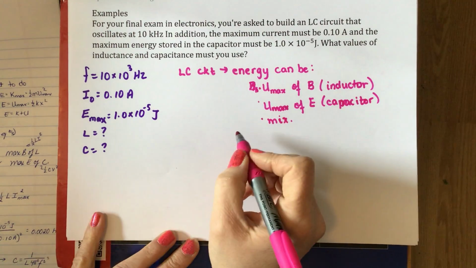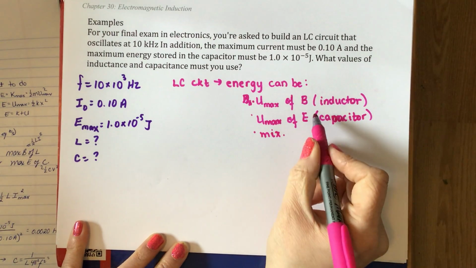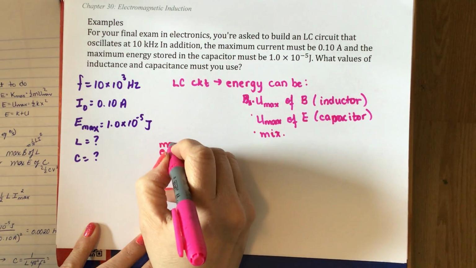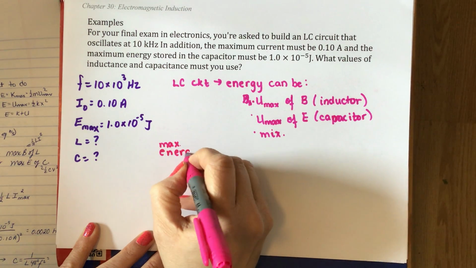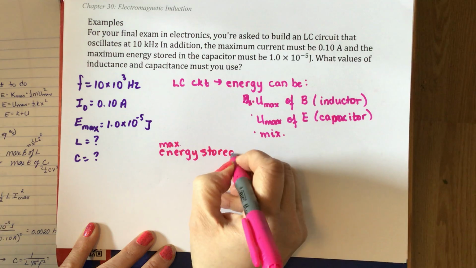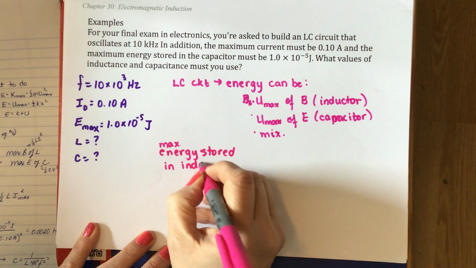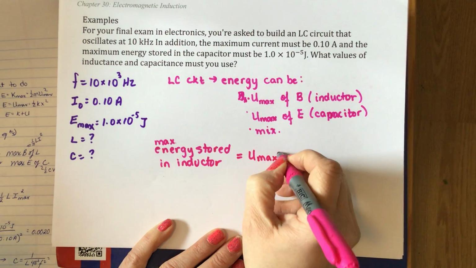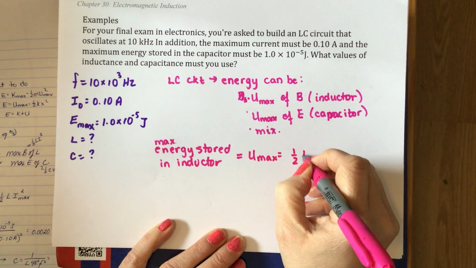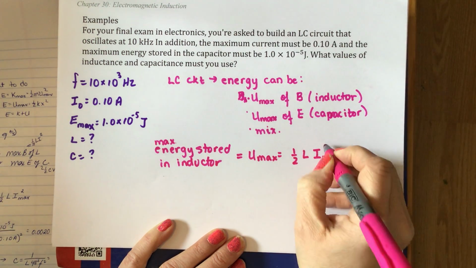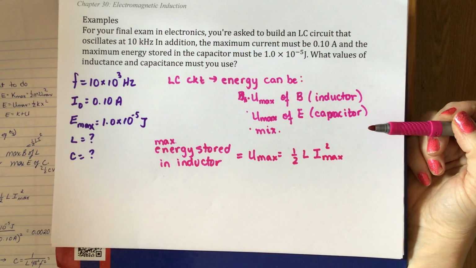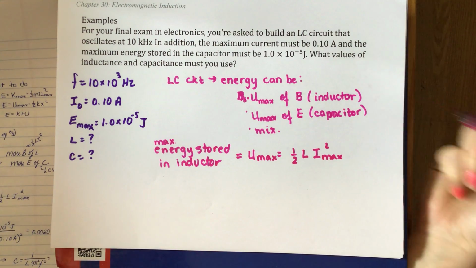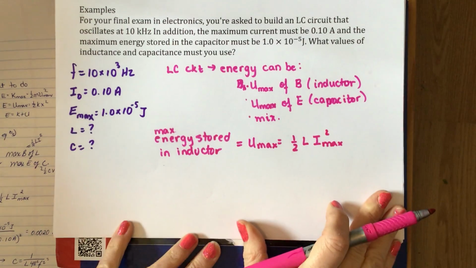So let's say that our maximum energy is equal to the U max stored in the magnetic field of an inductor. So the max energy stored in the inductor. This is an expression we did in our last section, equals U maximum. And we know that that expression is a half times the inductance times the maximum current squared. We could also do the capacitor, a half CV squared, but we don't have enough information for that, so let's do the maximum of the inductor. That means we can find our inductance.